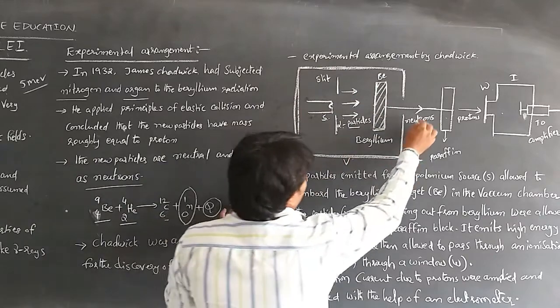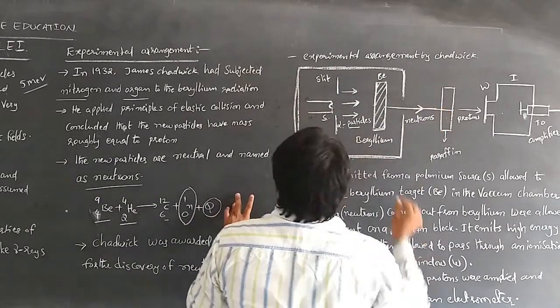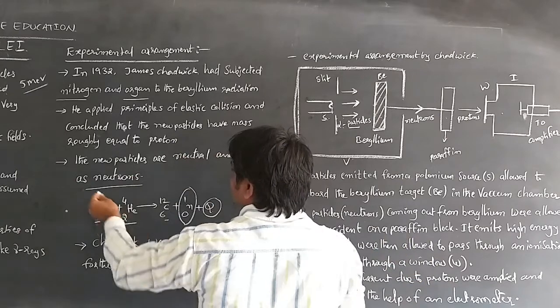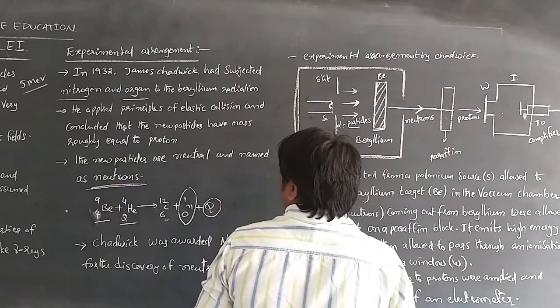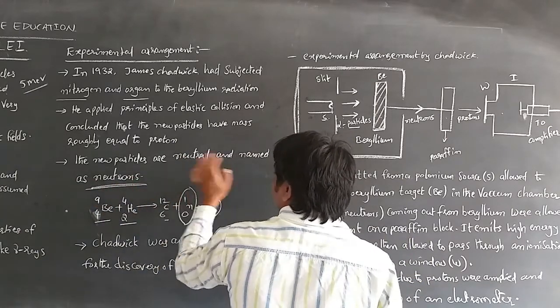The new particles produced are neutral, and James Chadwick named them neutrons.